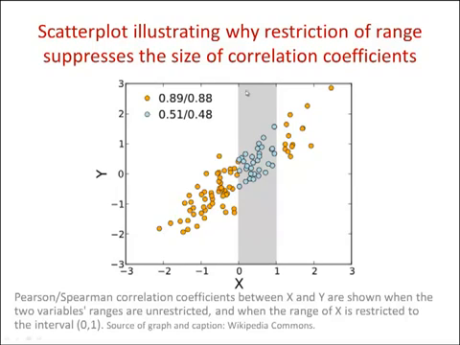However, if we now restrict the range to between 0 and 1, and imagine this part of the diagram as a scatter plot on its own, the clustering around the diagonal immediately becomes less apparent. Basically, the dots are more spread out relative to one another, and if you look at the correlation just for that section, it goes down to 0.51. So that's a restriction of range for you.